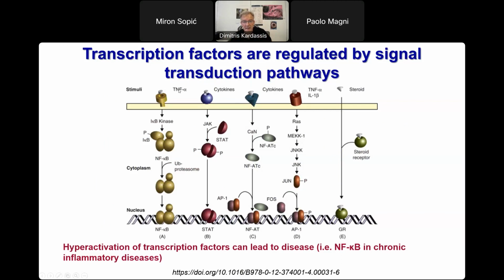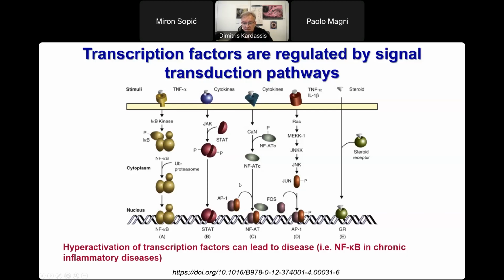For instance, cytokines such as TNF-alpha or interleukin-1 can activate NF-κB and genes which are targets of NF-κB. Cytokines can also activate different factors, which we did not discuss but which have a similar structure, the STATs, by activating the Janus kinases and the STAT transcription factors.